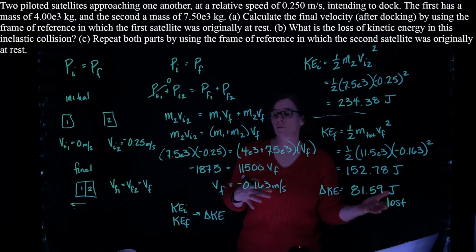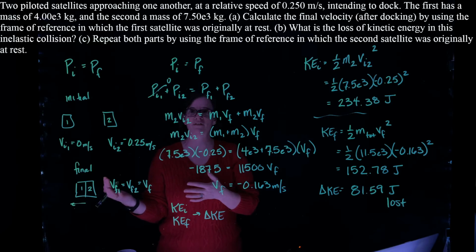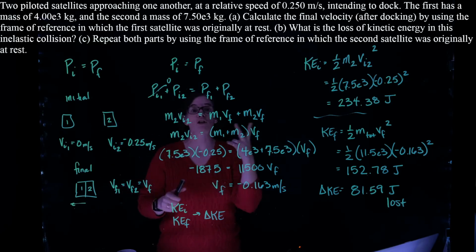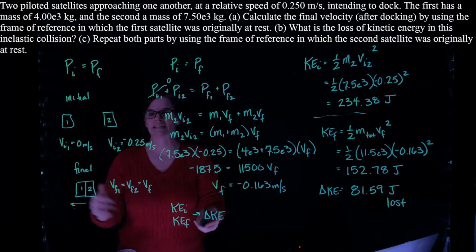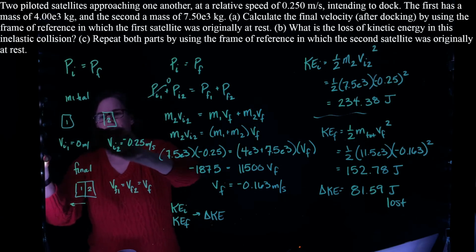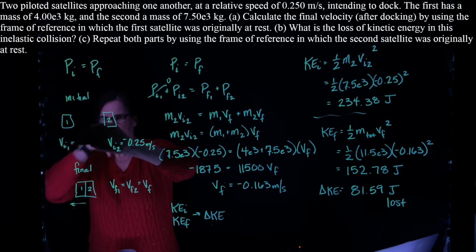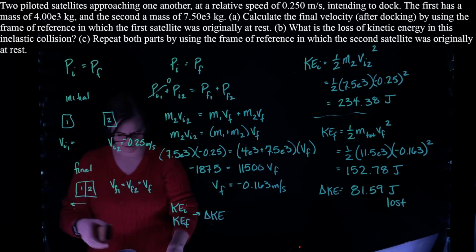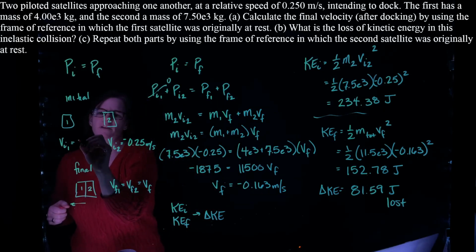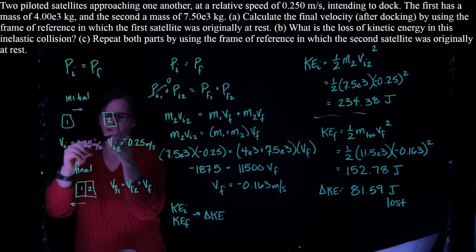Part B says, well, what if I change my frame of reference and I look at object 2 as stationary? So in this case, object 1, I'll do that in a different color, is moving at 0.25 meters per second in this direction.